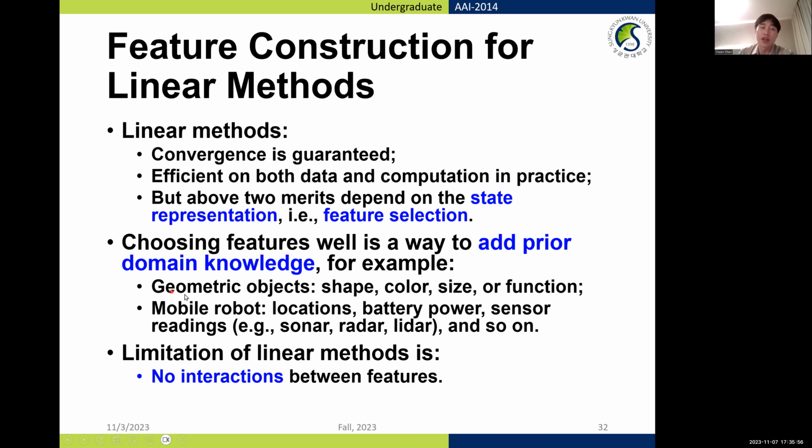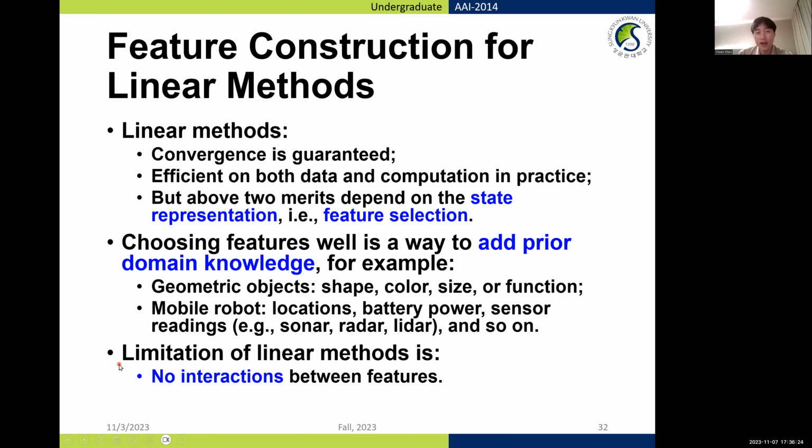For example, if our target reinforcement learning environment involves geometric objects, we consider shape, color, size, or function. If we consider a mobile robot, then we usually consider the location, battery power, sensor readings, and so on. For those different kinds of features, we can add them into these linear methods.